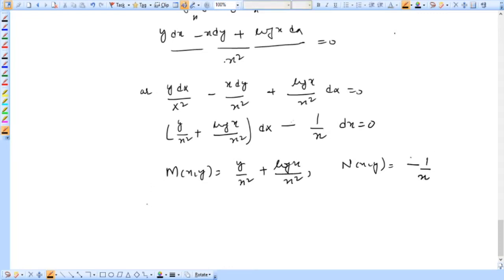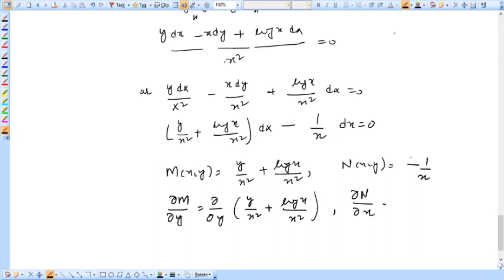Now see, what is ∂M/∂y and ∂N/∂x? ∂N/∂x is equal to ∂/∂x of minus 1 over x.